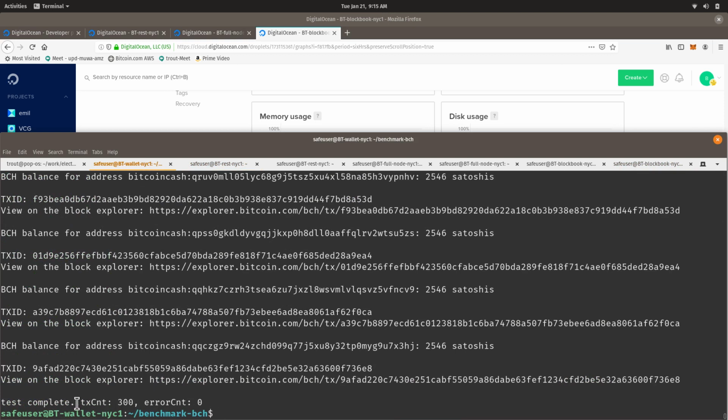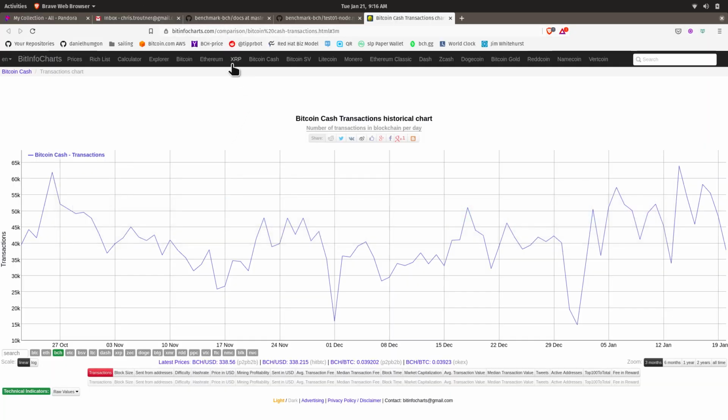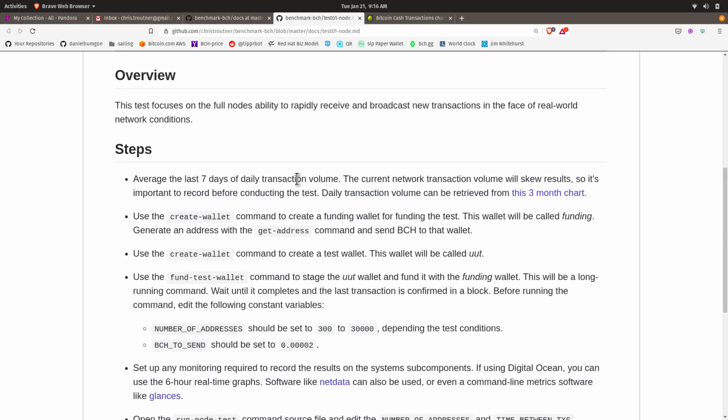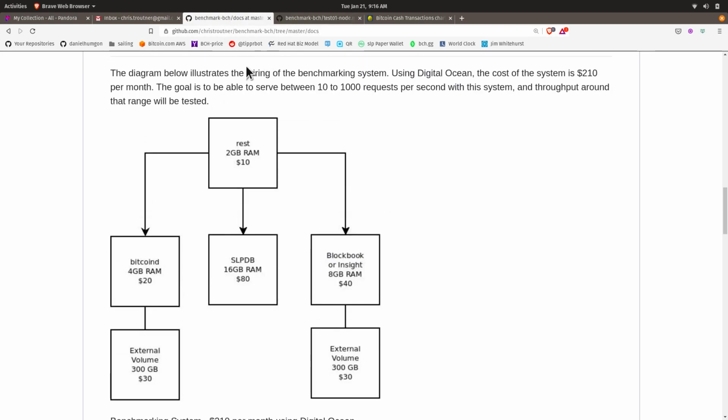Okay, completed 300 transactions, no errors. So if something had happened in that downstream pipeline from the wallet app, just to go back here. So the wallet app is basically talking directly to REST. That's the one thing that's not in this diagram.